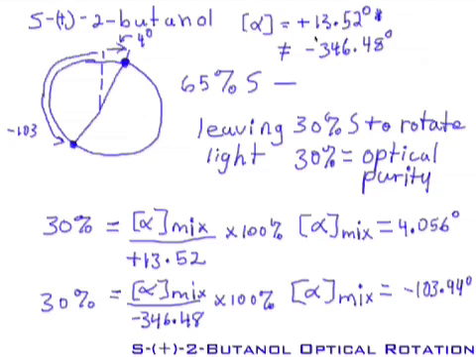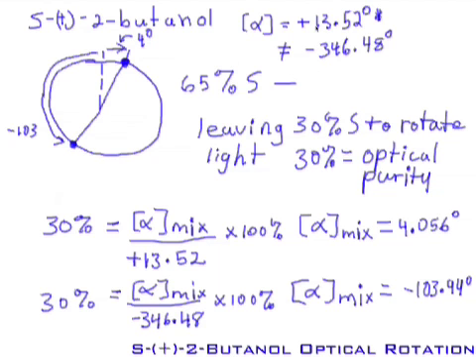And so, to answer this question properly, I would write a short paragraph after this, showing the arc, showing that minus 103 leads to a different position in the circle than the 4. Because of this, if you carried out polarimetry, you would just look to see if this mixture rotated 4 degrees or minus 103. If it rotated 4 degrees, then the 13.52 is correct. If it rotated 103, then the minus 346 would be correct.